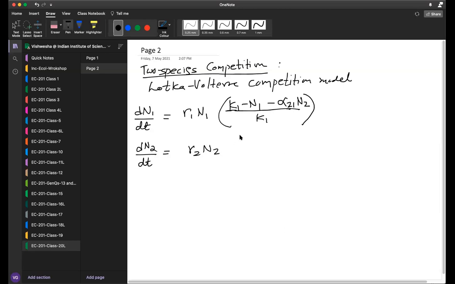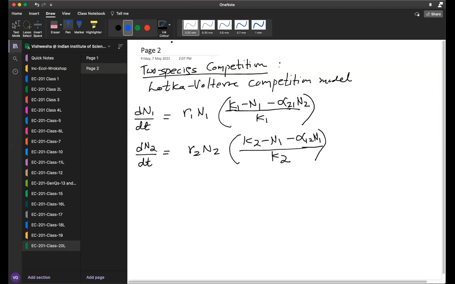Likewise, we assume that species 2 also reaches a carrying capacity K2 in the absence of species 1. However, because of competition between 1 and 2, it has an additional negative growth rate. Exactly like the previous term, alpha 1,2 N1 captures the effect of competition on species 2. Okay, there are two terms here.